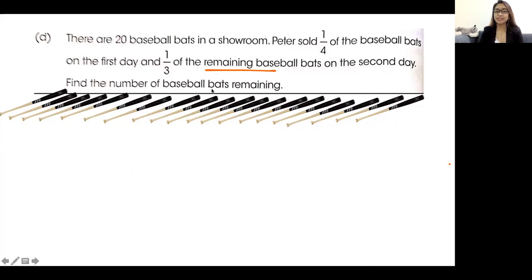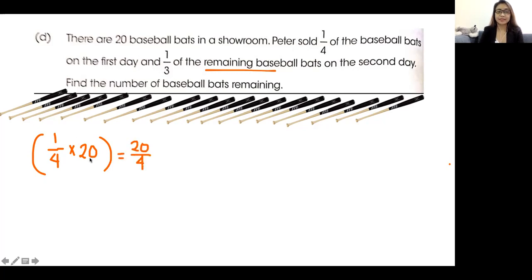And on the first day, it says Peter sold 1/4 of the baseball bats. So that is 1/4 of 20. So when we say 1/4 of 20, it's 1/4 times 20. Okay, we are going to get the 1/4 of 20.